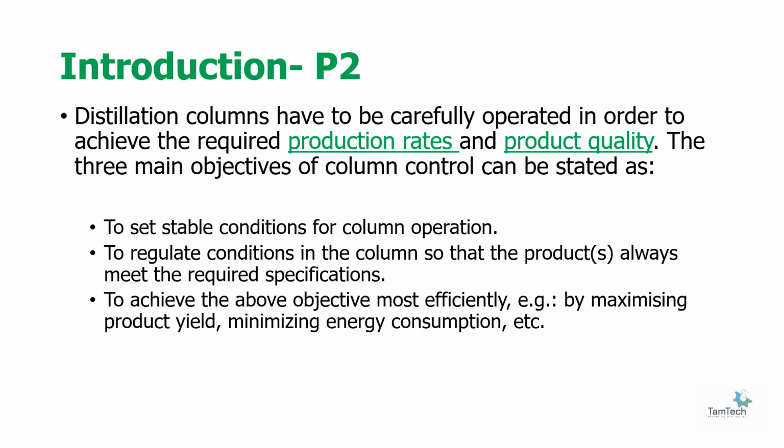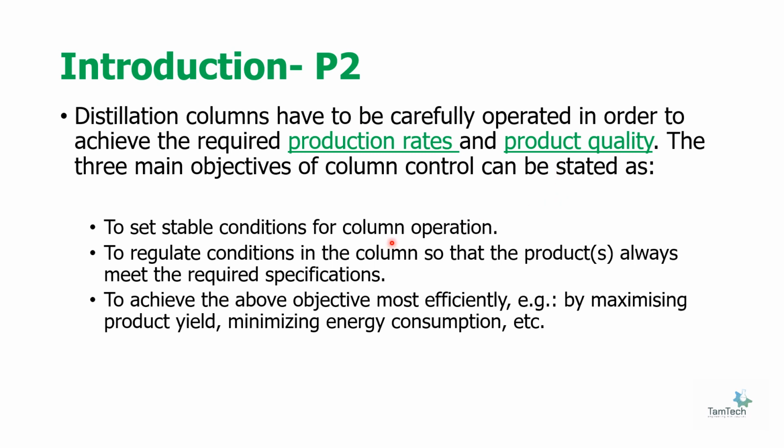In this slide, you will see that distillation columns, as mentioned before, have to be carefully operated, because at the end of the day, we need to achieve the production rates and the product quality. Production rate and quality are the main factors for distillation column specifications.